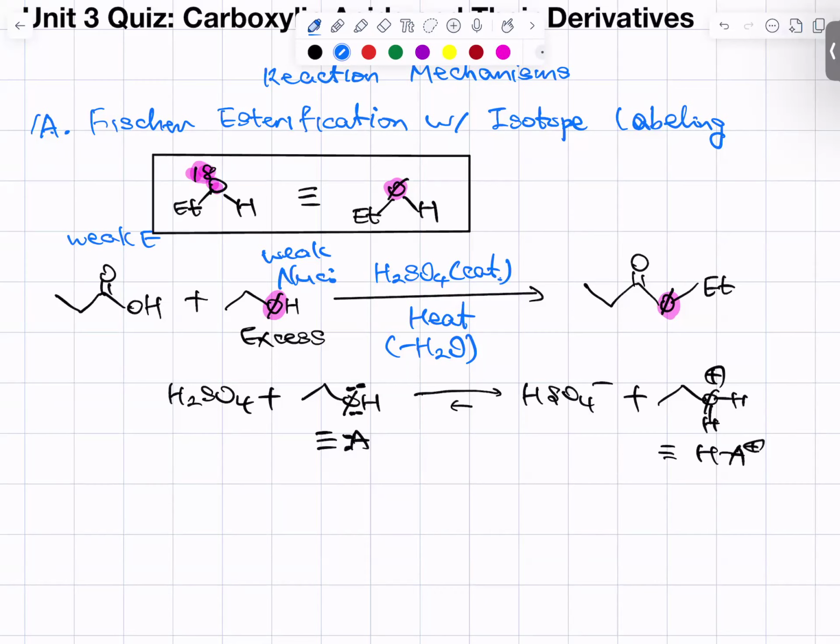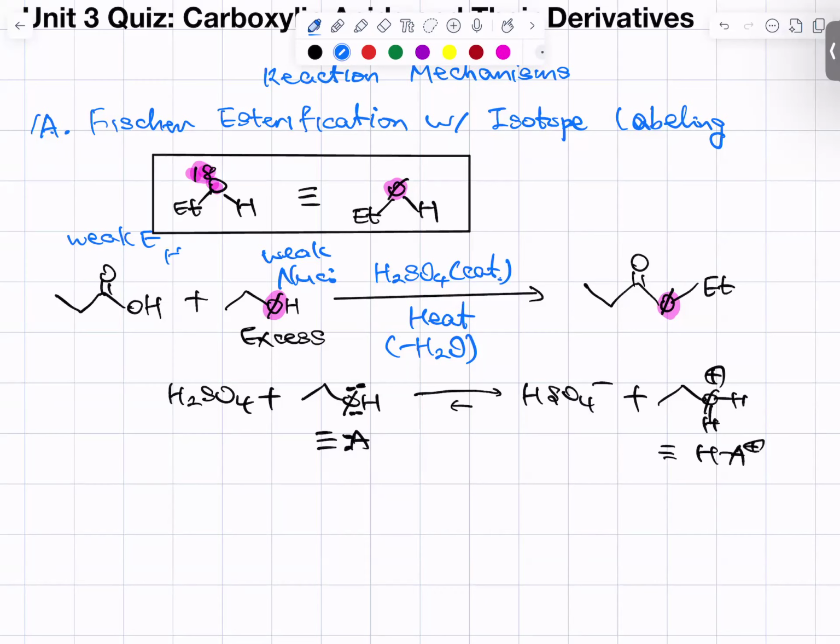So weak nucleophile and weak electrophile will not react with each other. We need to first activate. The first step is activating the carboxylic acid by protonating it. Remember, the first step must be protonation.